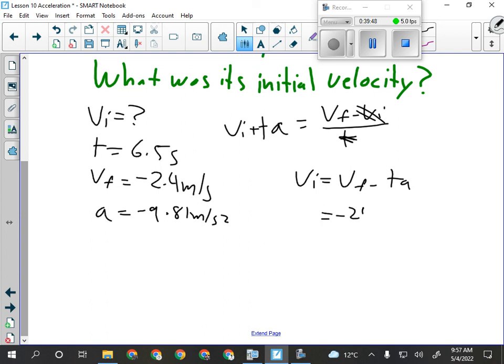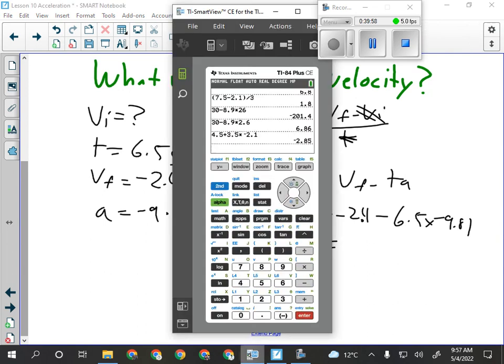So that'll be negative 2.4 minus 6.5 times negative 9.81. It's really important to remember all those negatives and make sure they end up in your calculator.